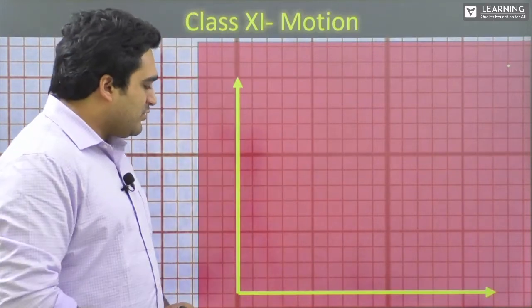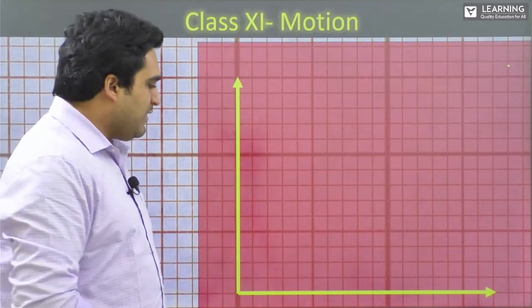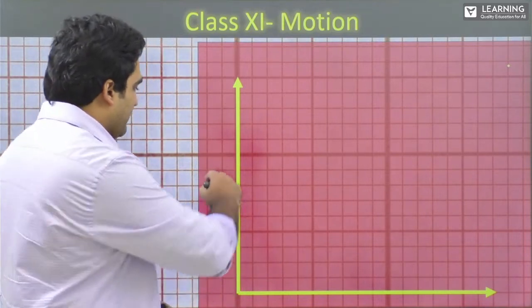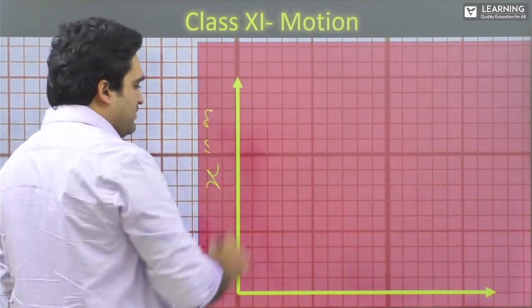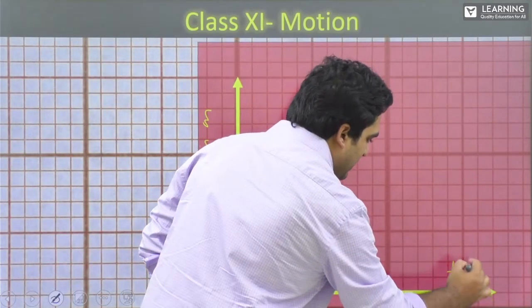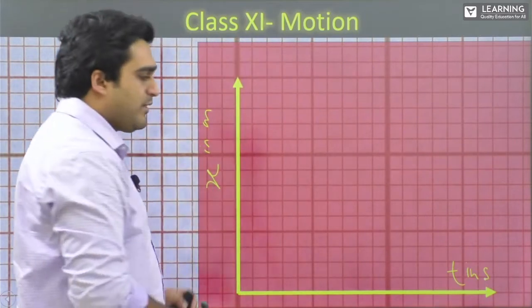But let's consider another case where we're trying to find the slope, but here I will use one of the mathematical tools called a limit. We have the same distance-time graph, so let me put x in meters, t in seconds.